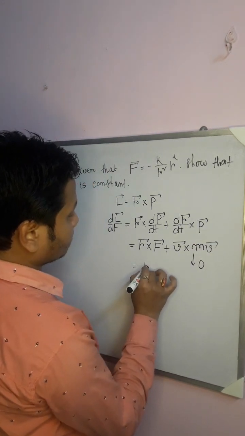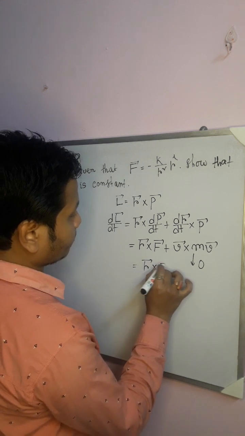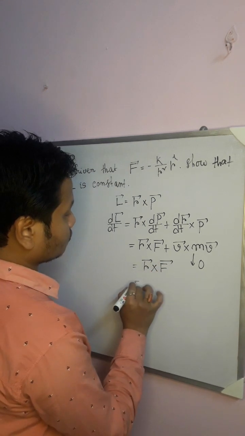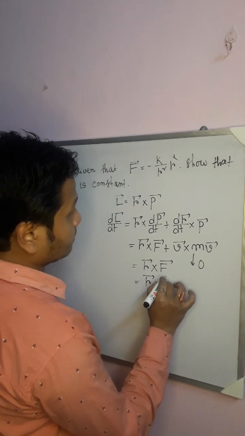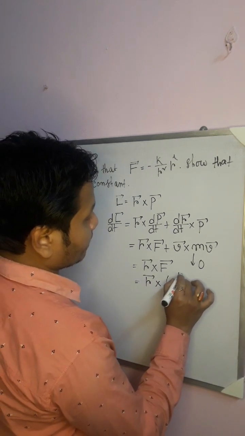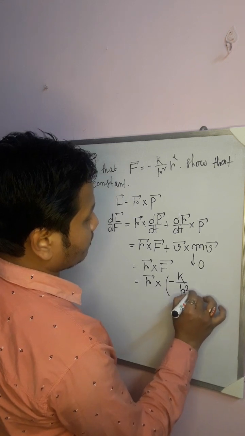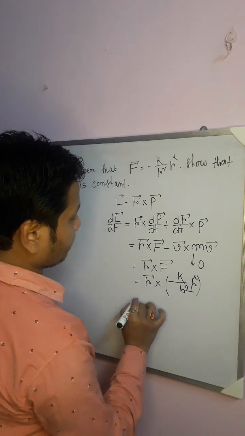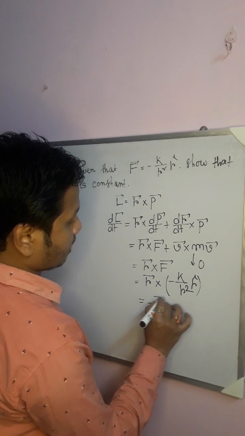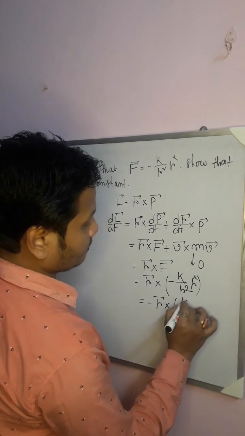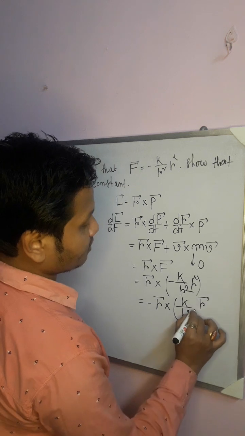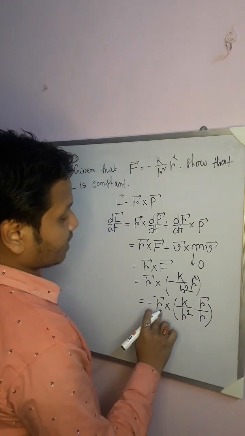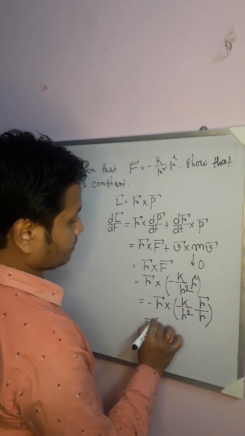The term that is left is r cross F, which is r cross minus k by r square into r cap. So r vector cross k by r square, written as vector r by mod r, and r vector cross r vector is 0.